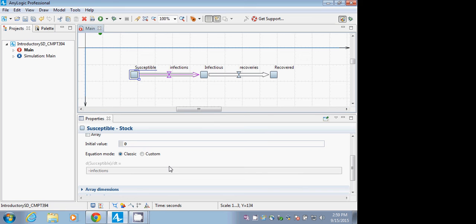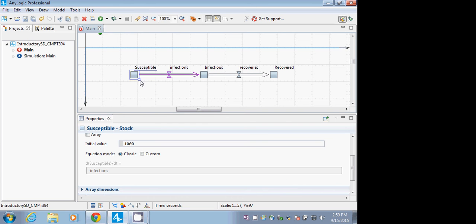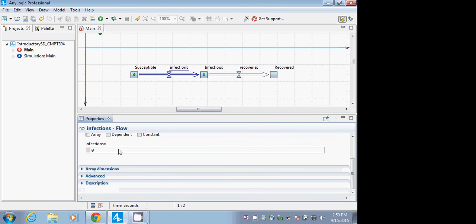So, I'd like to go to susceptible, and I'd like to put 1,000 people in the susceptible stock. And now, bucking the concept suggested by one of the students, I'm going to make the number of infections some value.